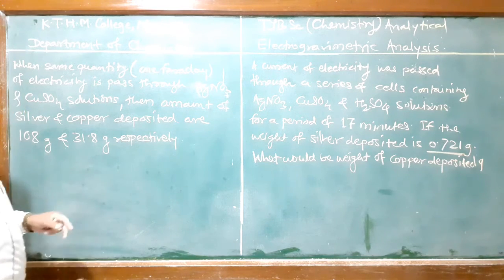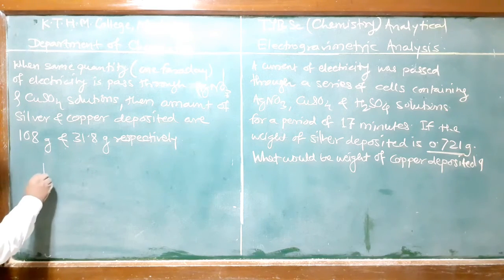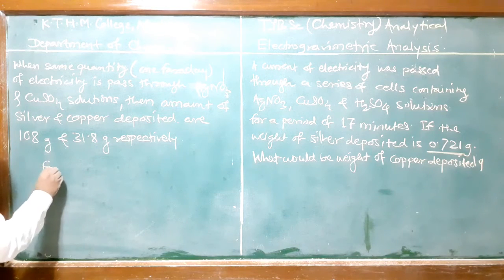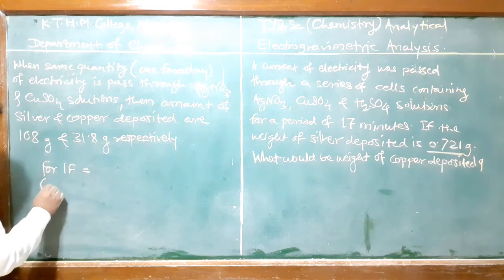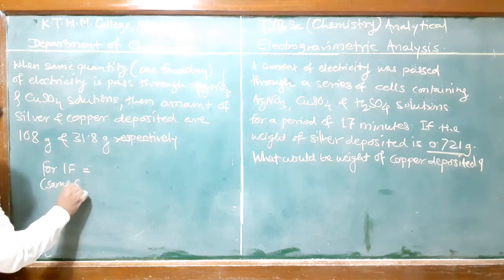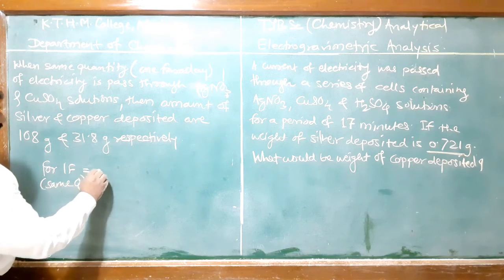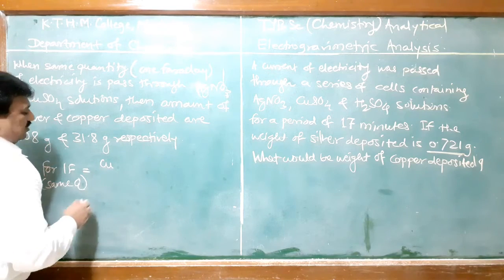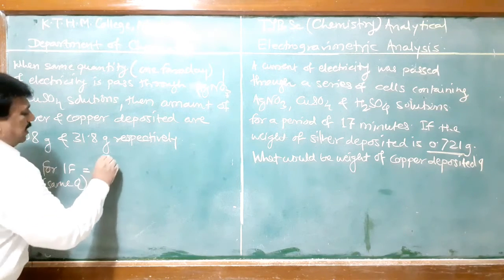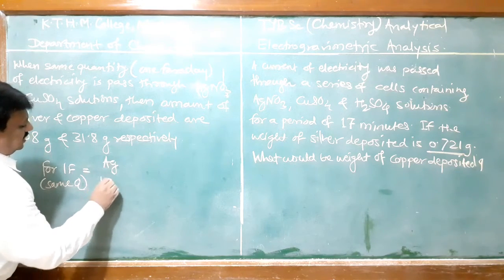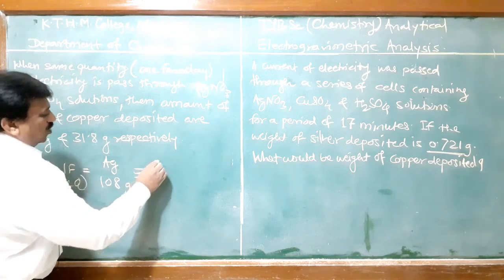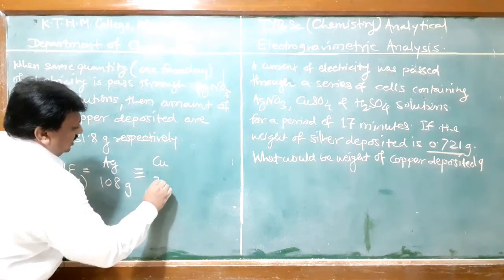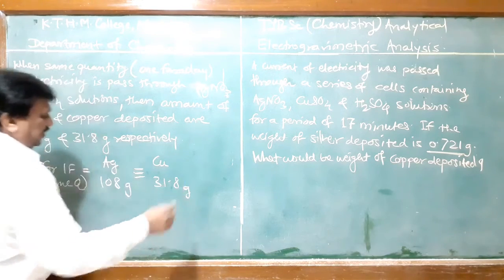Therefore, for the same quantity, if silver is deposited 108 gram, then copper will be deposited 31.8 gram.